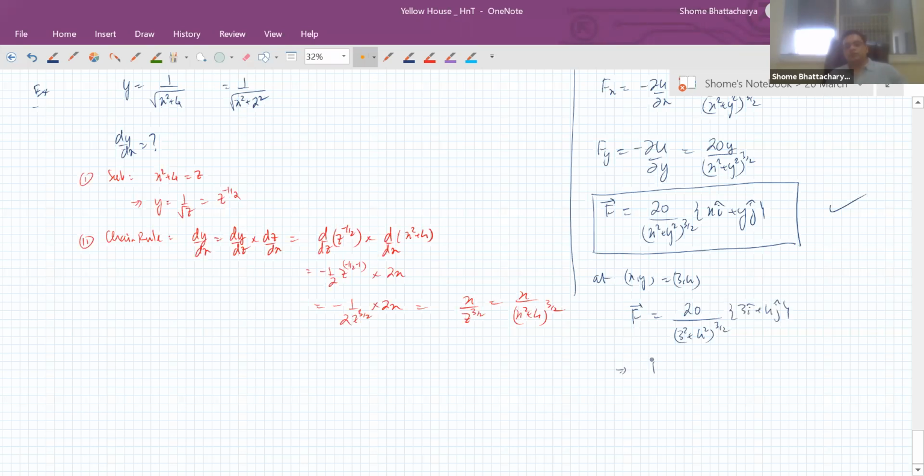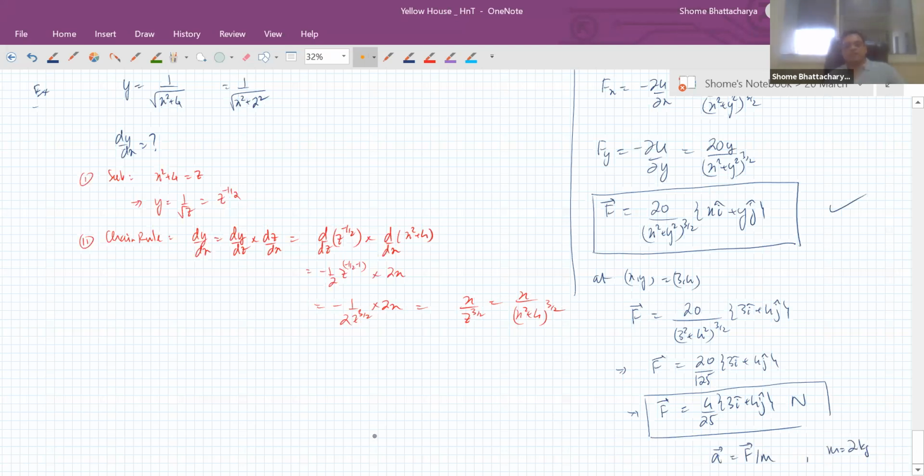So this force will actually become 20 upon 125 into (3 i cap plus 4 j cap). This will be the net force in newtons. Okay. So the acceleration will just become the net force divided by the mass, and put the mass as 2 kg.